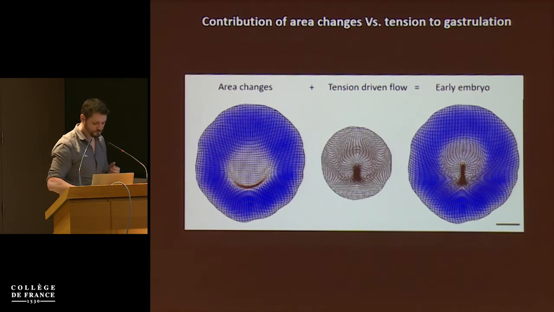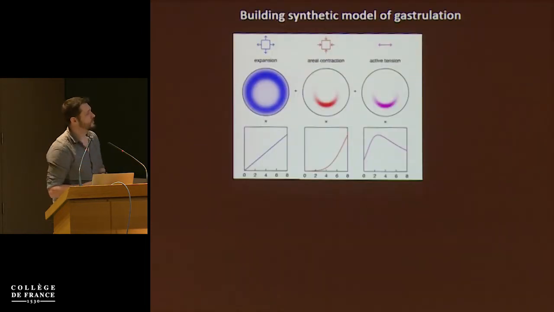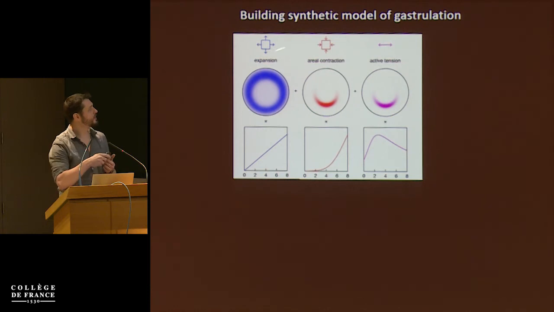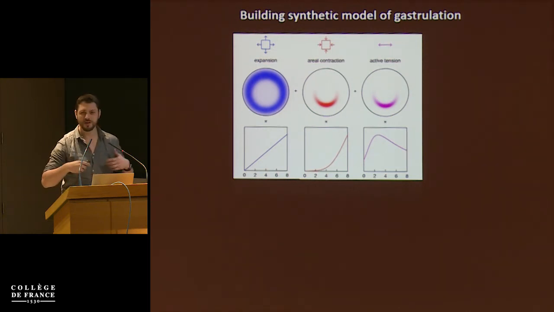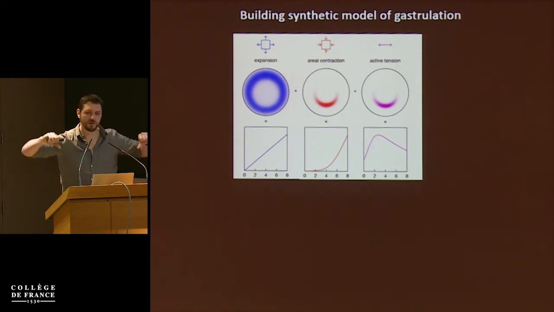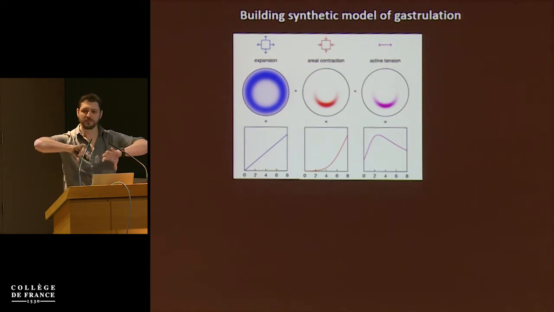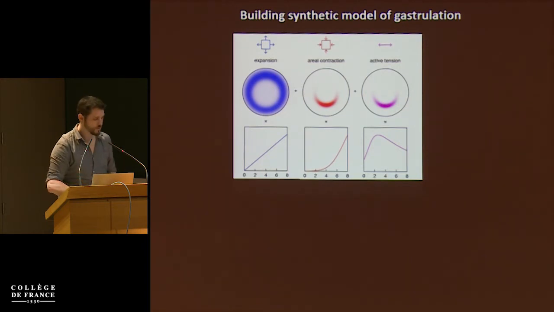So Francis went a little bit further and decided that we can model the embryo as only three mathematical functions of time: the areal expansion, which explained very nicely the extraembryonic tissue, as I said, the areal contraction, which explained the ingression of the mesoderm, and the tension-driven flow that explained nicely the rotation of the embryo.